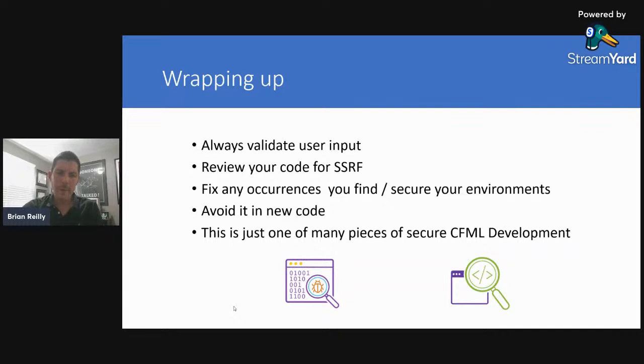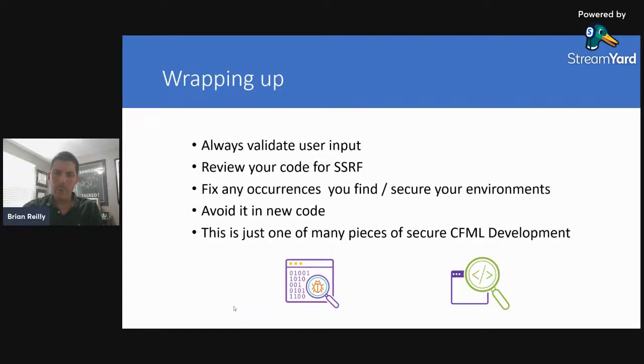You also may want to think about ways to build some guardrails or avoid it in your new code. So whether that's through developer training, code reviews, or peer reviews, once you fix all your existing cases, if you have any, you're certainly going to want to make sure that no new server-side request forgery vulnerabilities creep into your environments too.